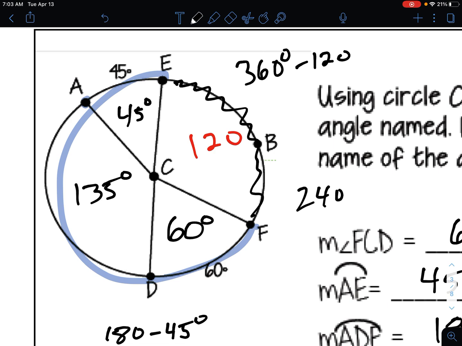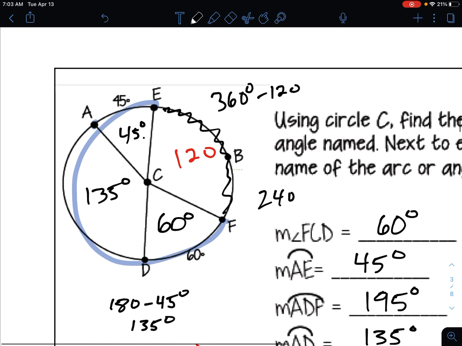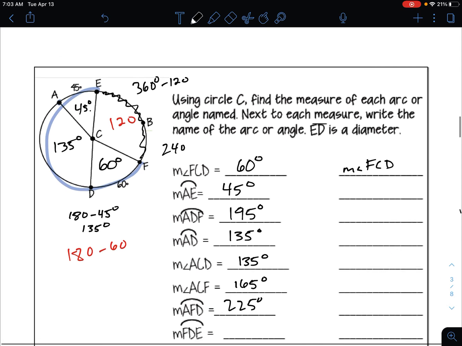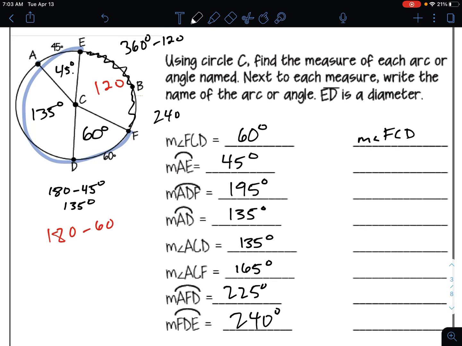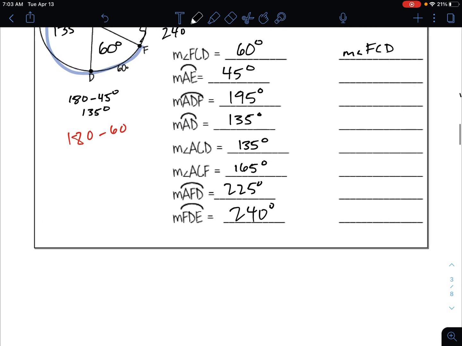Or I could add 60 plus 45 plus 135 to get 240. So there's a couple of different ways to look at it. In the end, you're going to get the same exact answer. So that's something to keep in mind, a little tip as you're working through this.